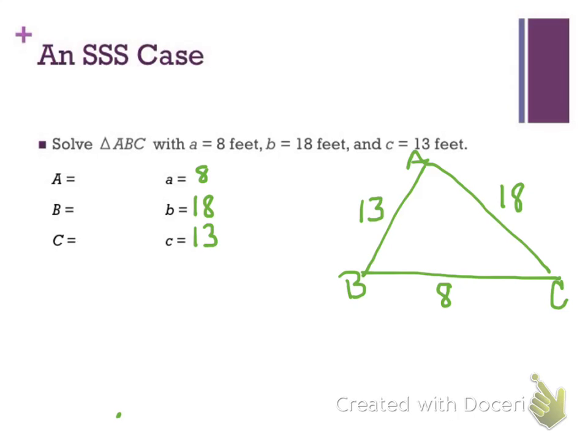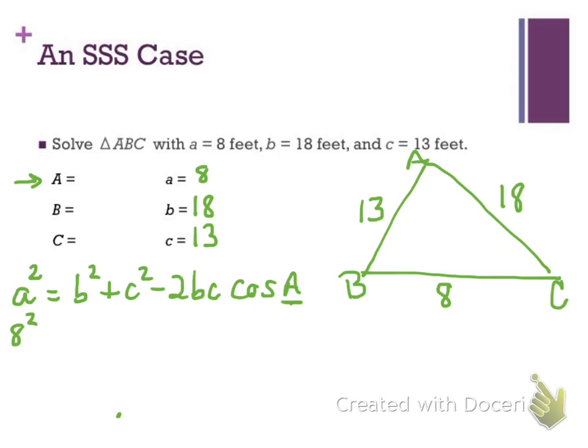So I'm just arbitrarily going to pick angle A. Okay, so in order to find angle A, I'm going to set up the law of cosines again, which in this case means a squared is what I want out in front, and then that would be b squared plus c squared minus 2bc cosine of angle A. So in this particular version of the formula, the part I don't know is angle A. So I'm going to fill in everything else.